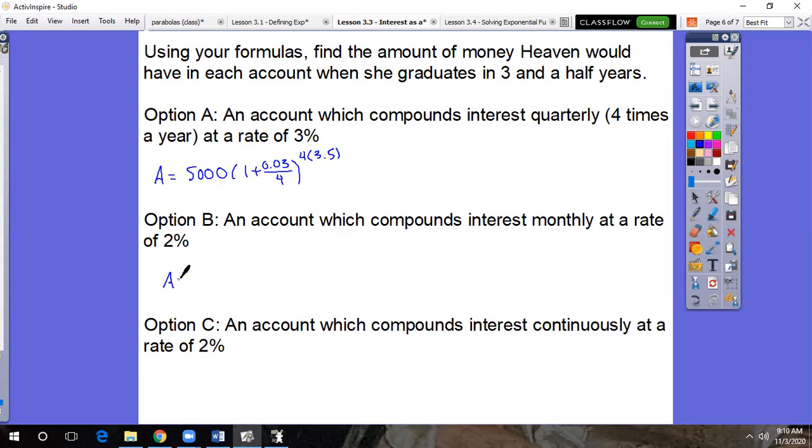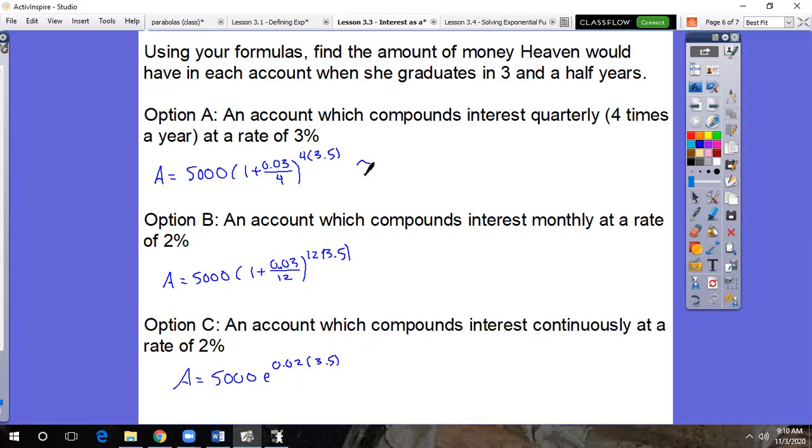Here, A is equal to 5,000 times 1 plus 0.03 over 12 to the 12 times 3.5. And then down here, this is 5,000 times E to the 0.02 times 3.5.